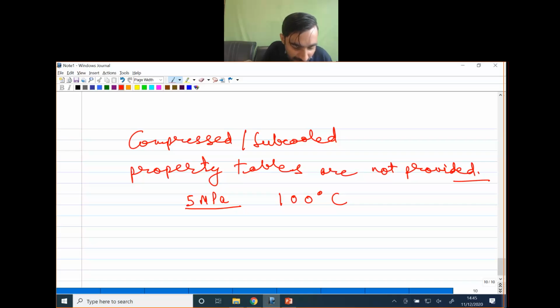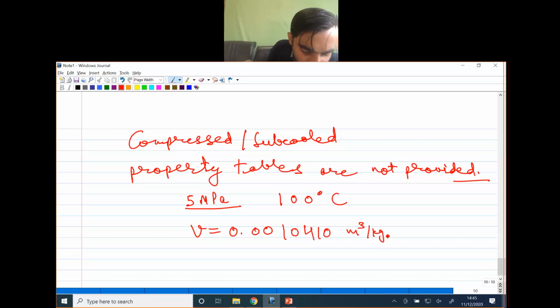I will find that the value of specific volume is equal to 0.0010410 meter cube per kg. The value of internal energy U is equal to 417.65 kilojoule per kg.